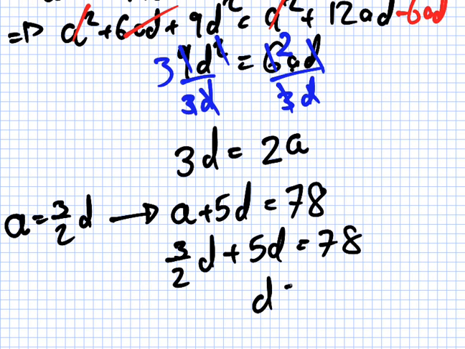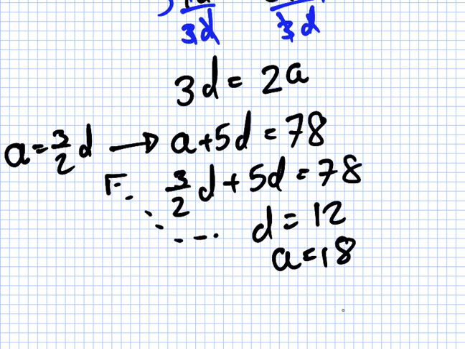So when we put these together and solve, you'll get d equals 12, and then to get the a we just sub that back in. And I get a is 18. Okay, so the first term is 18 and the common difference is 12.